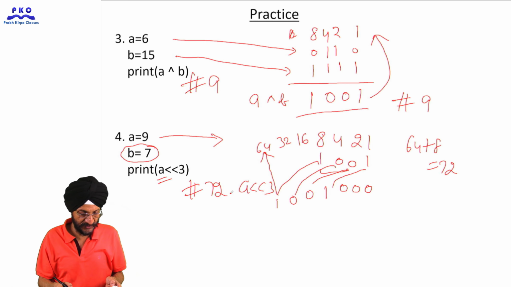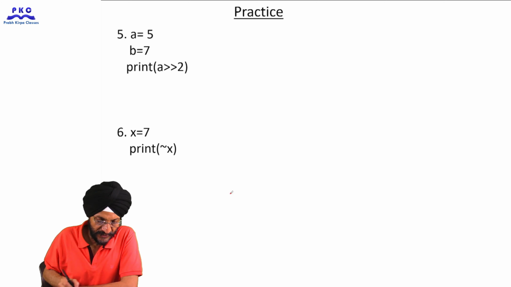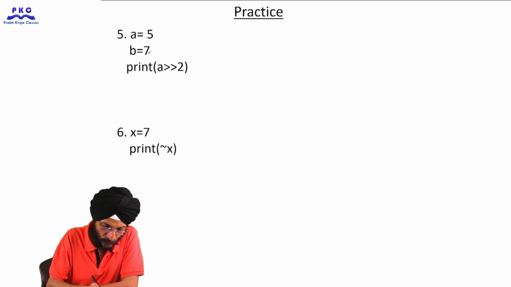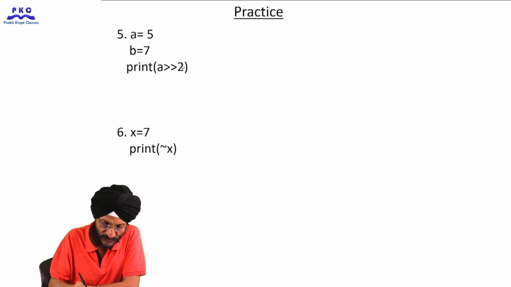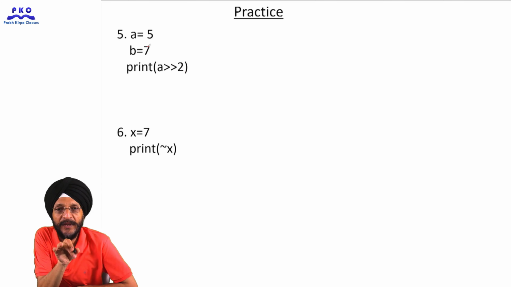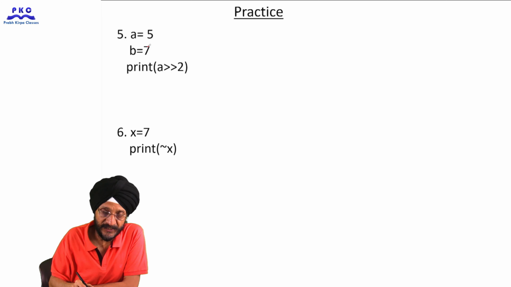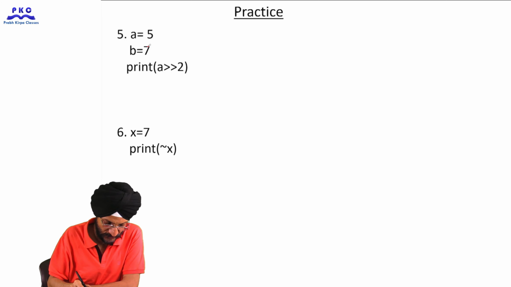So now what is next? A is equal to 5, B is equal to 7, print A bitwise right shift 2. Again the value of B is not required in this case, though it has been mentioned only to confuse us.